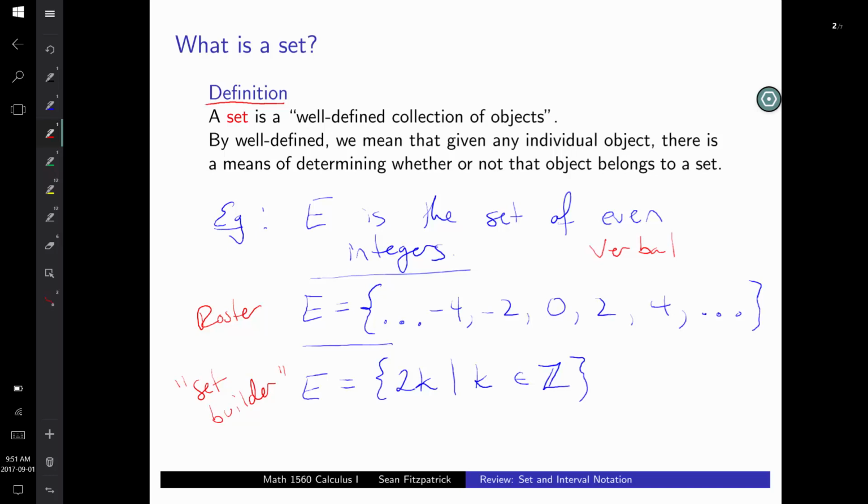It tells you how to construct the set. It says, start with the integers, multiply them by 2, and you've got the set. All right, so those are the 3 ways of defining your set. Now, of course, sets are not restricted to just numbers. You could talk about sets of people, sets of cats, whatever you want to do. But you have to make sure that whatever kind of sets you're talking about, you have some way of deciding what belongs and what doesn't.